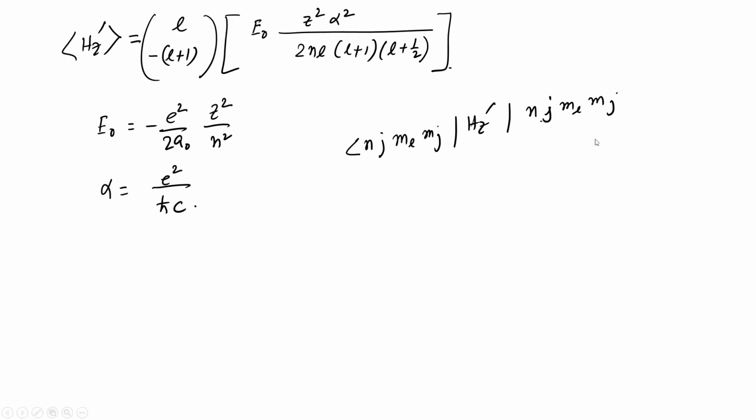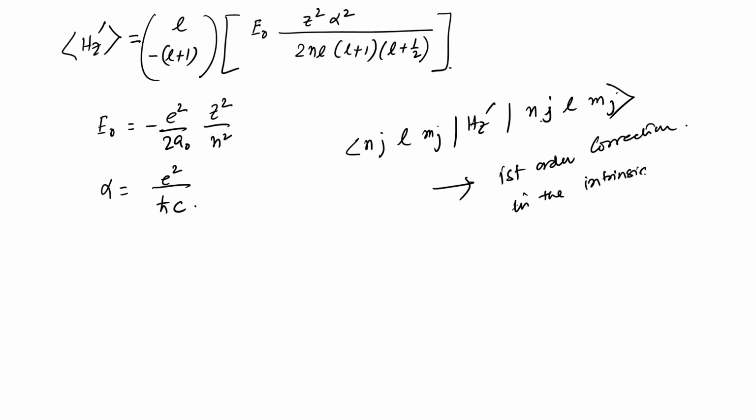Sorry, what did I write? It's l, it should be l, not m_l. That's a mistake. m_l is not a good quantum number. So, n, j, l, m_j. This is the first order correction in the sort of intrinsic Zeeman effect. Okay. And this is what we wanted to find.